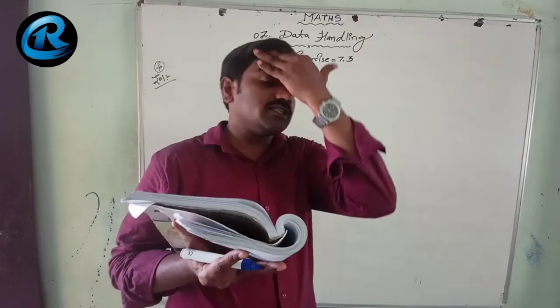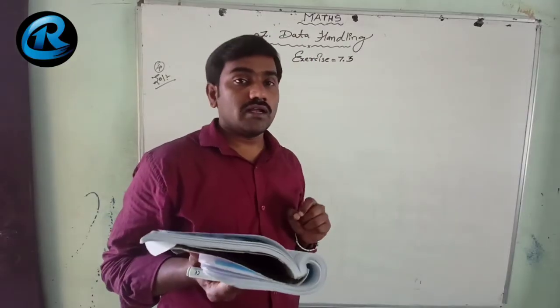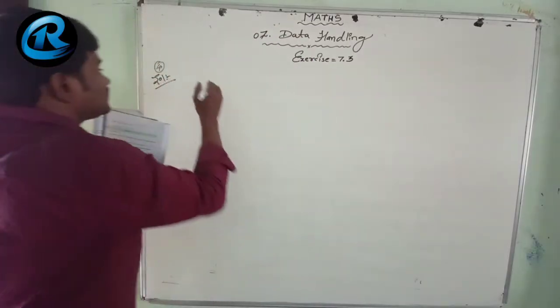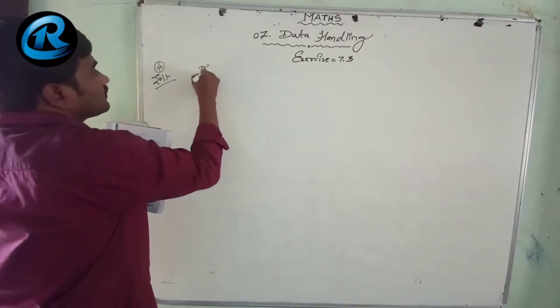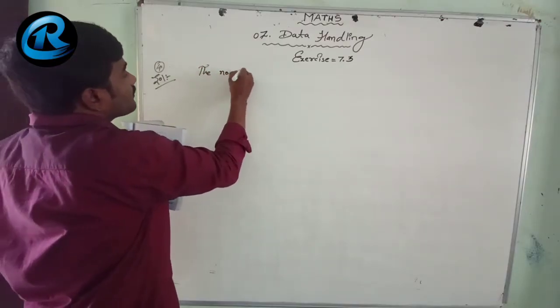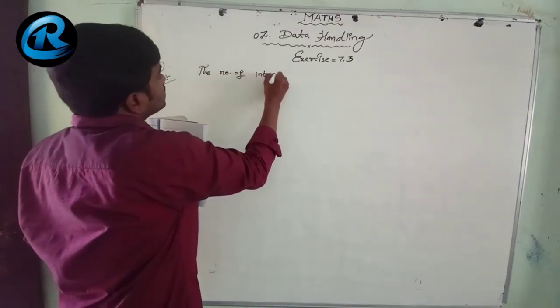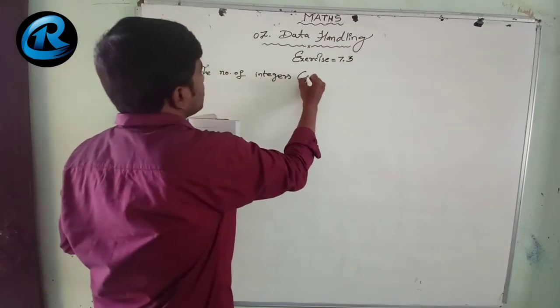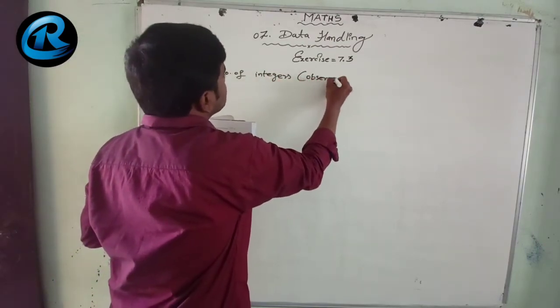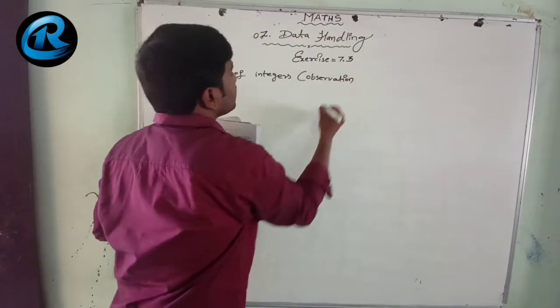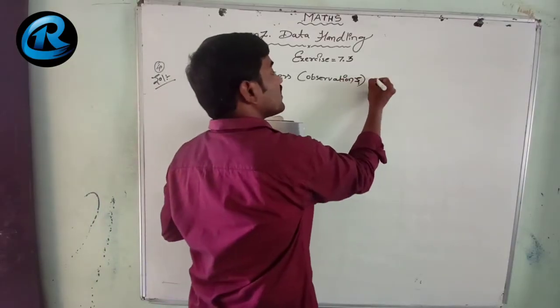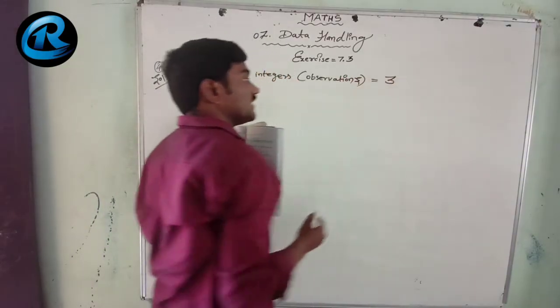Okay, 3 positive integers కావాలి అంట. The number of integers, nothing but the number of observations, should be only 3.